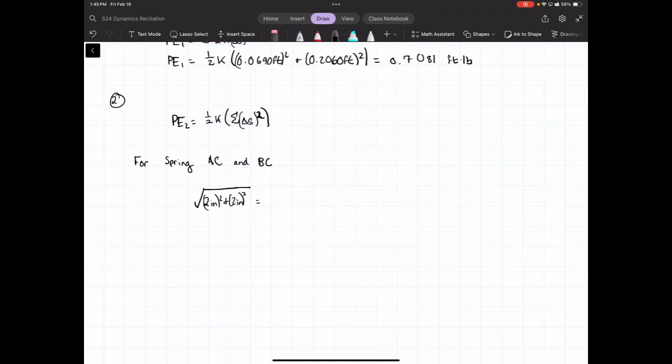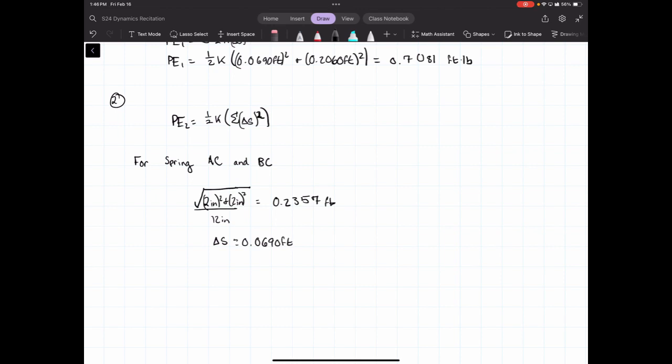And so that's going to give us a length of 2.2357 feet, and then a delta S of 0.0690 feet.